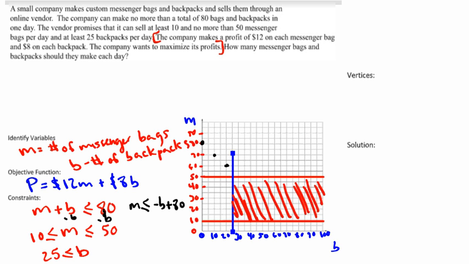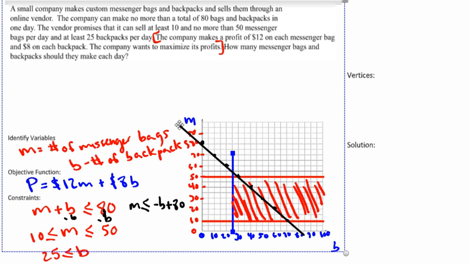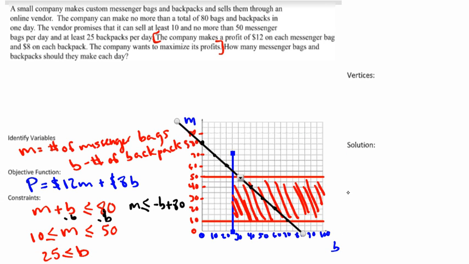Down 10 over 10, down 10 over 10. Okay, so that line would be right there. All right, and we have graphed all the constraints, so now we just need to find all those vertices.